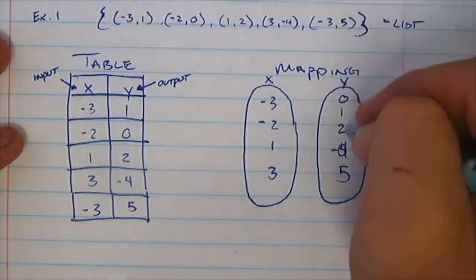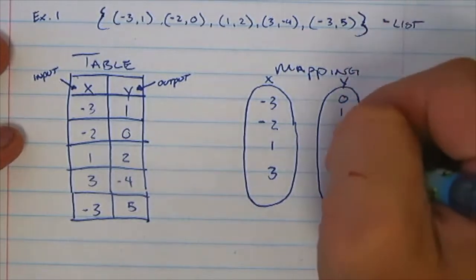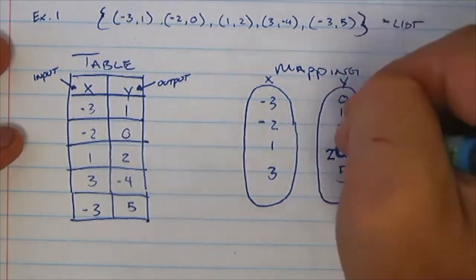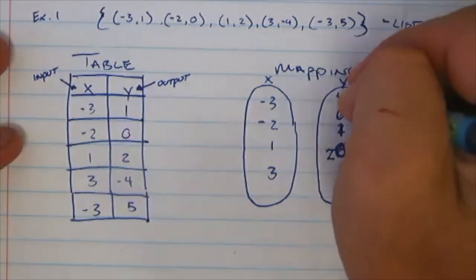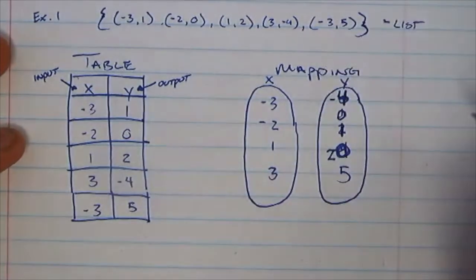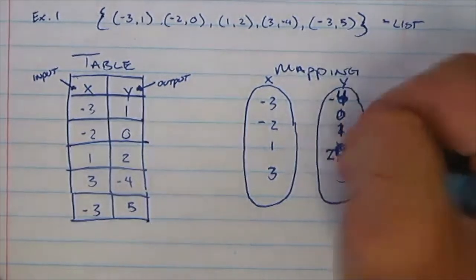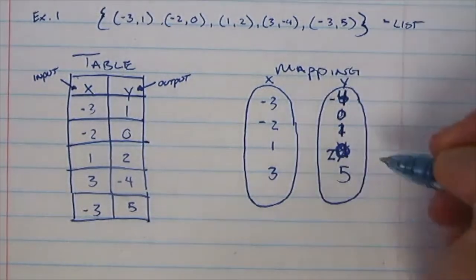So let's see. That's 2. That's a 1. That's a 0. And then this should be -4. All right, so our mappings are going to go least to greatest from top to bottom.